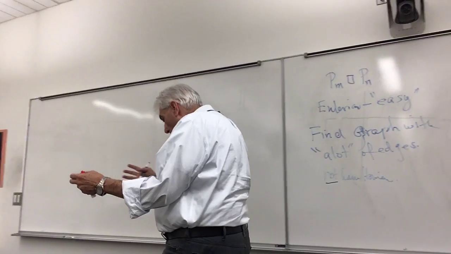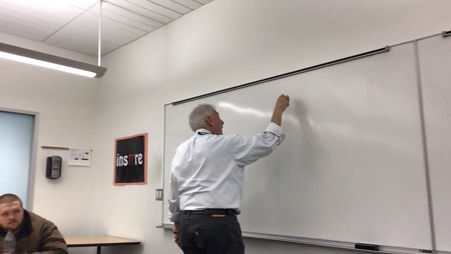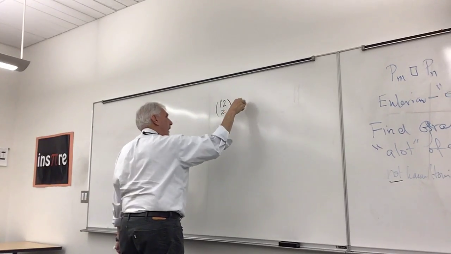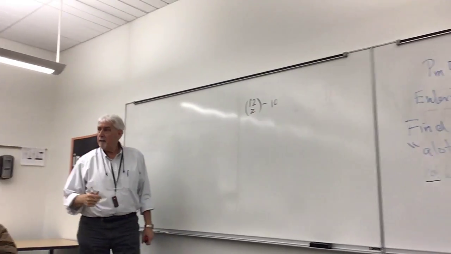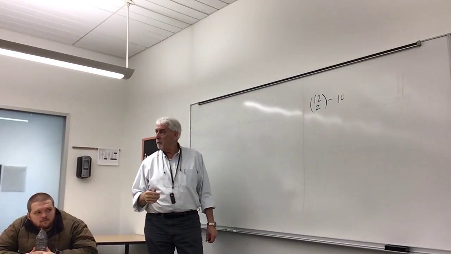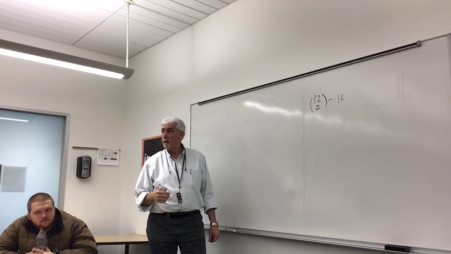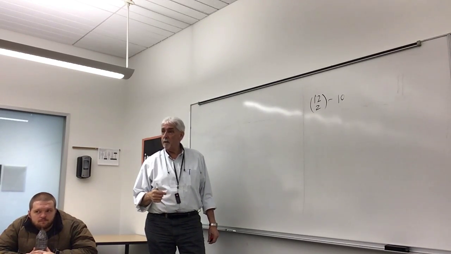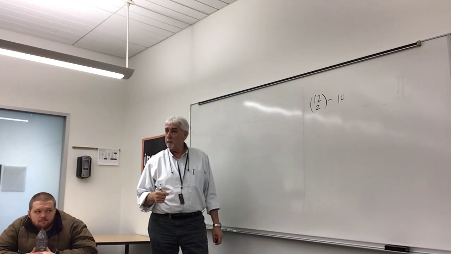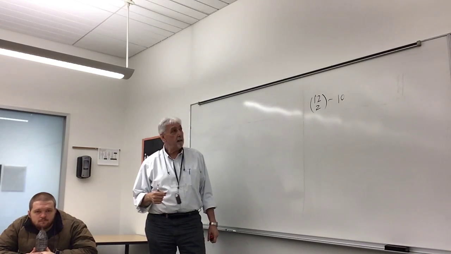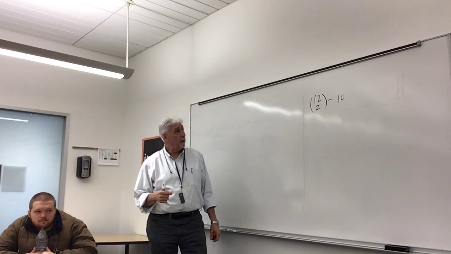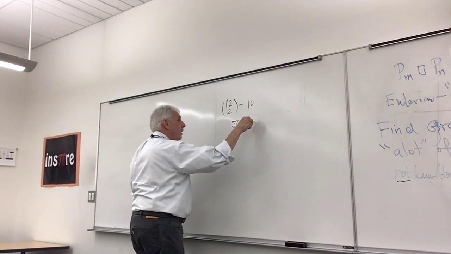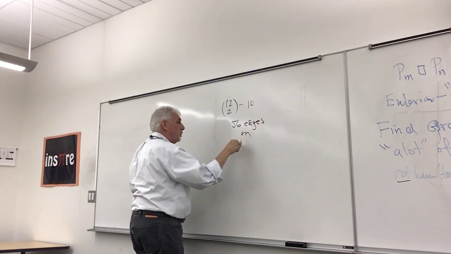Think about 12 choose 2 minus 10: 12 choose 2 is 12 times 11 divided by 2, which is 66. 66 minus 10 is 56 edges on 12 vertices.